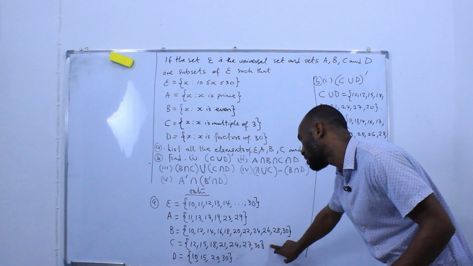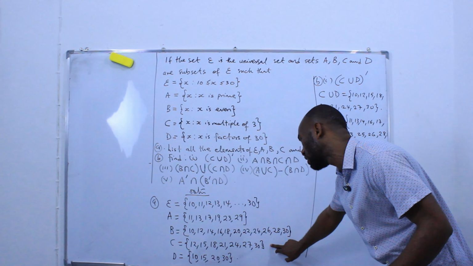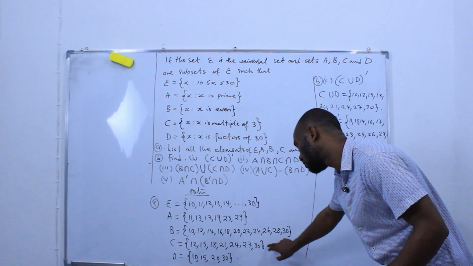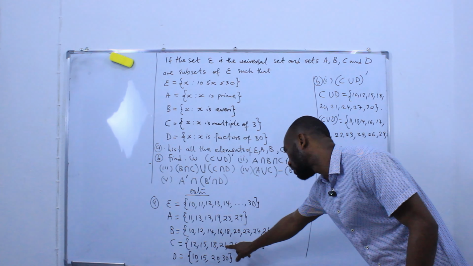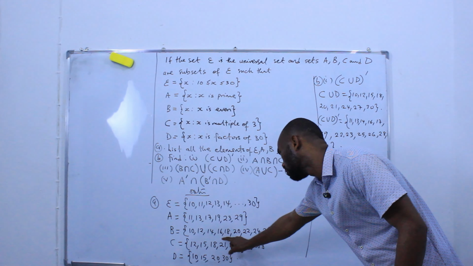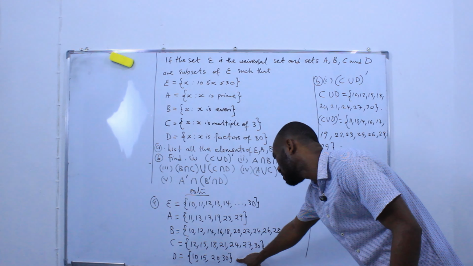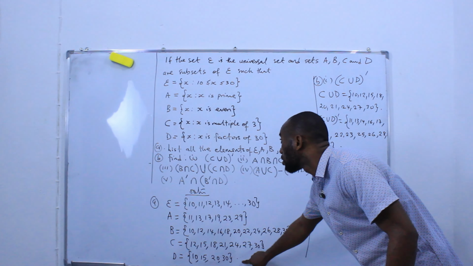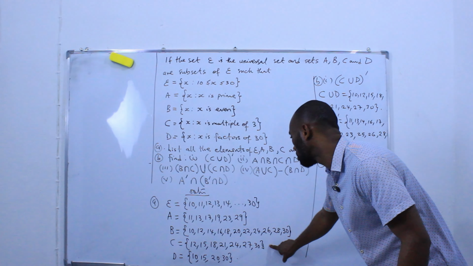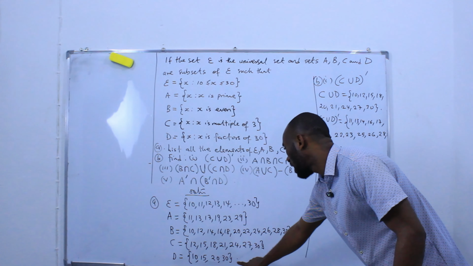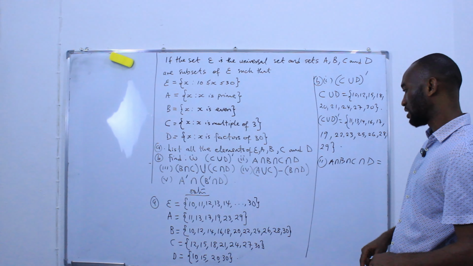C is multiples of 3. You can't see multiples of 3 in A. In B, there are a few multiples of 3, like 12. C is multiples of 3, and D is factors of 30.